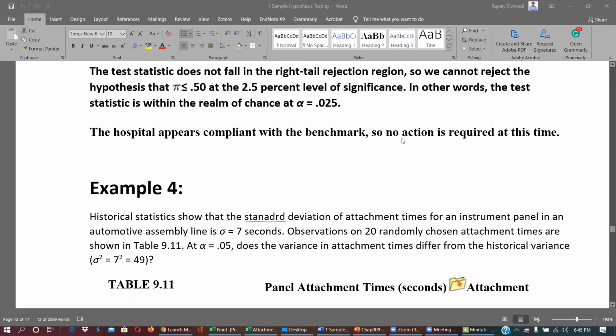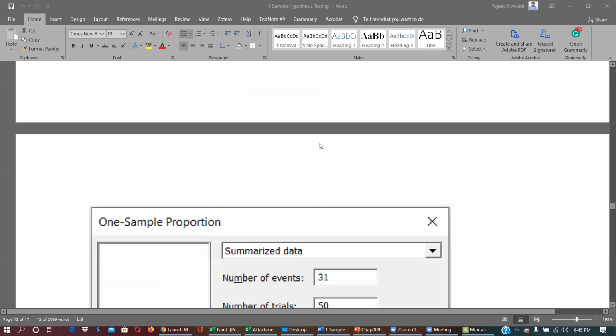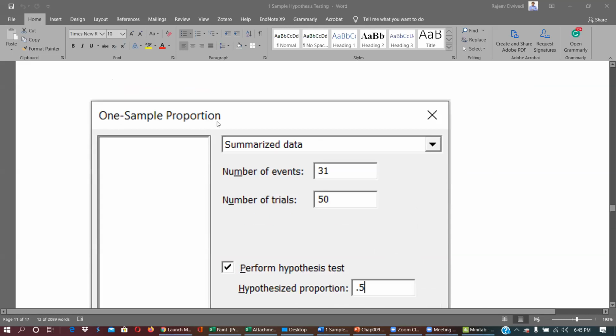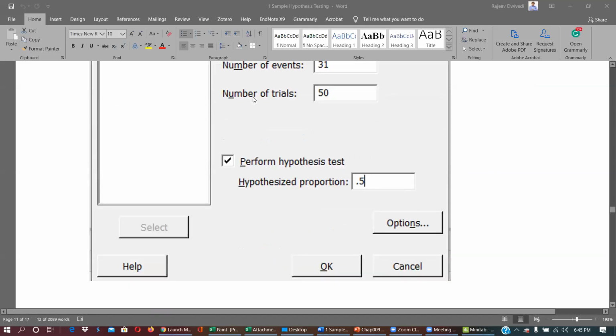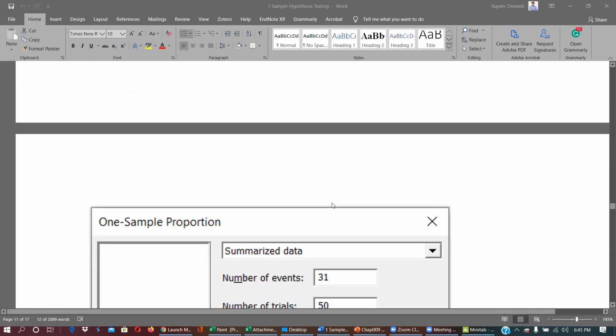Yes, this is exactly, Jacob, a one proportion test, exactly the same thing we have done here. Look into this. I use one sample proportion, exactly for proportion like in the last chapter we did.